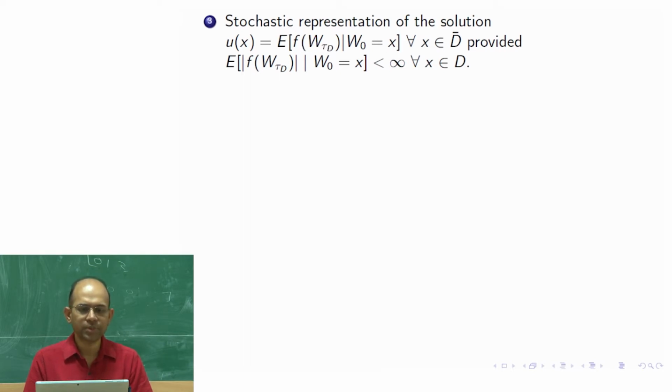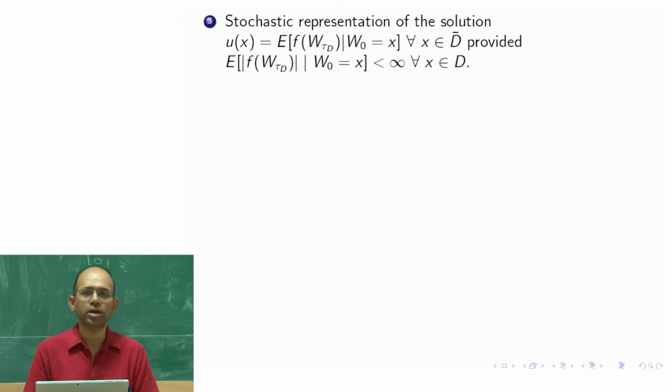This expectation need not always be finite. If we have a bounded domain, then the boundary is a compact set, and a continuous function on a compact set is a bounded function. Then we are taking the expectation of a bounded function, which is always finite, so there is no problem.